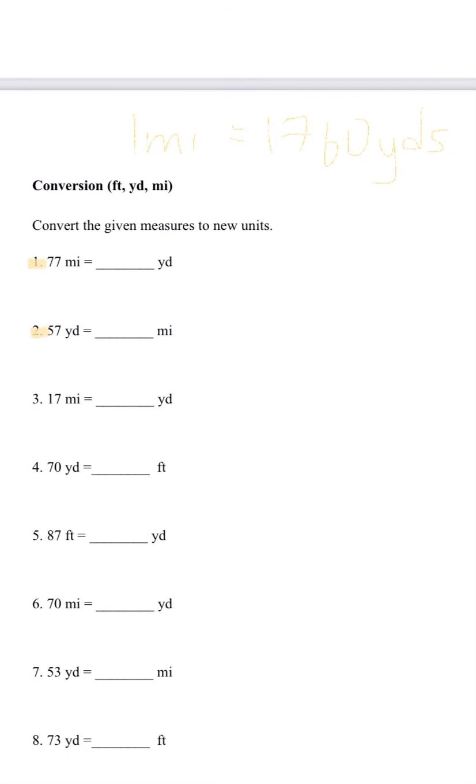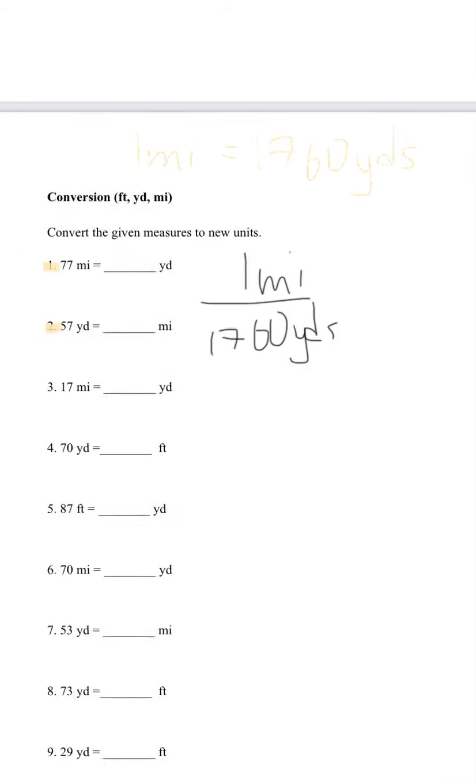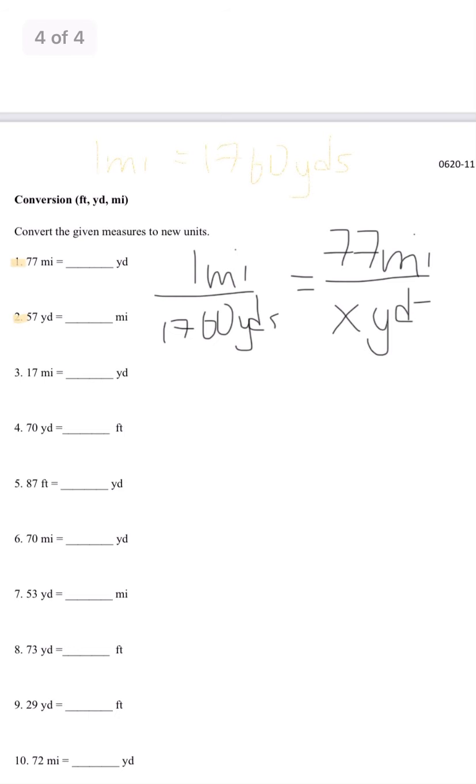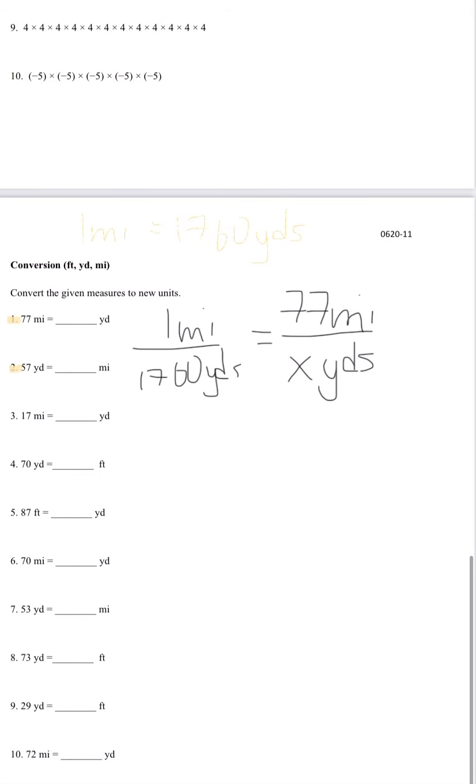So we're going to go ahead and set up a proportion. So we know that 1 mile equals 1760 yards. Okay, then how many yards is 77 miles? That's x yards. Okay, so we're trying to figure out that x.